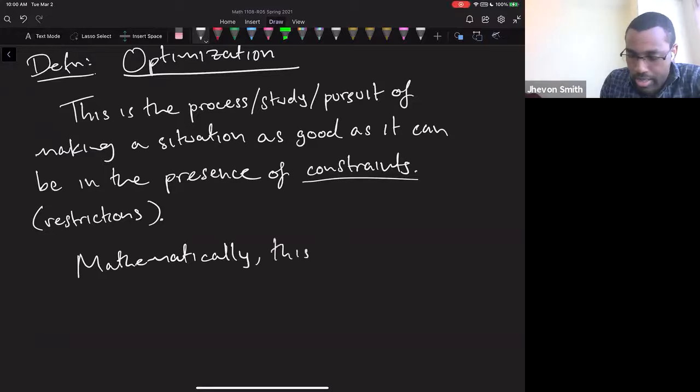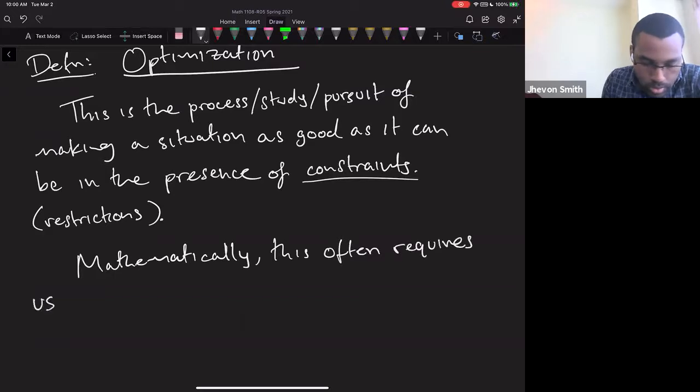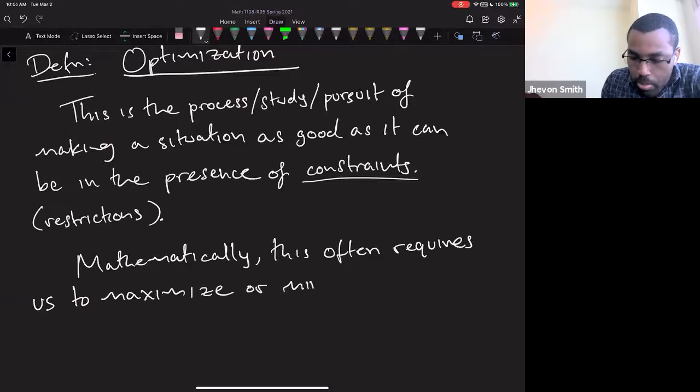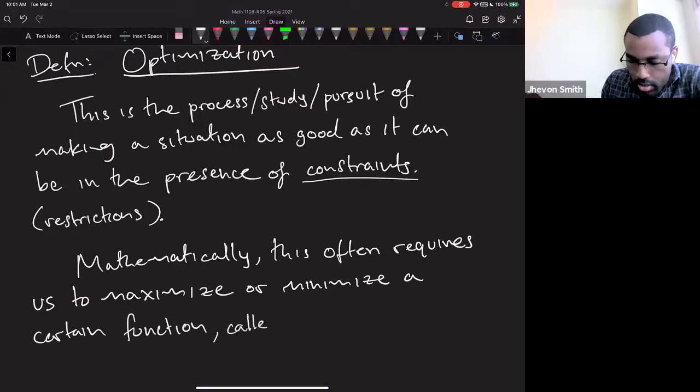Mathematically, this often requires us to maximize or minimize a certain function called an objective function. It is our objective to optimize this function.